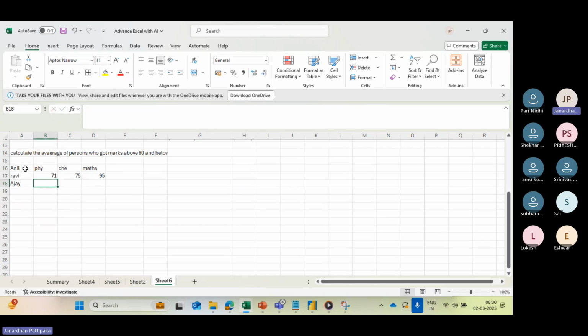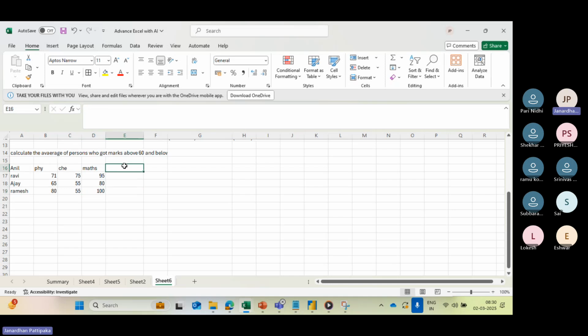You can mention here 65. I'm mentioning 55 marks. I can mention 80. I'm getting the values as 80%, 55%, and 100 out of 100.